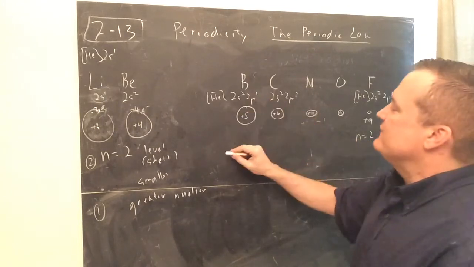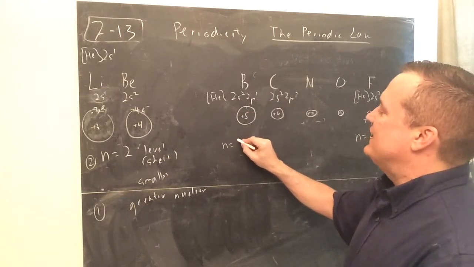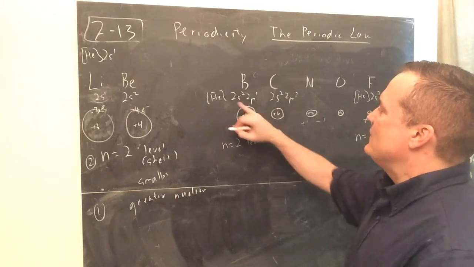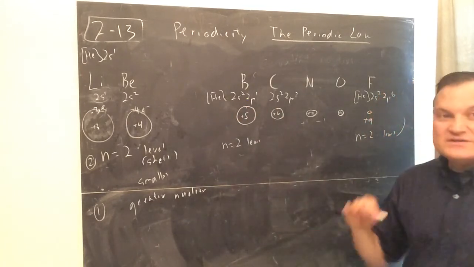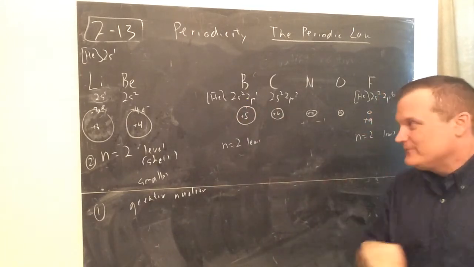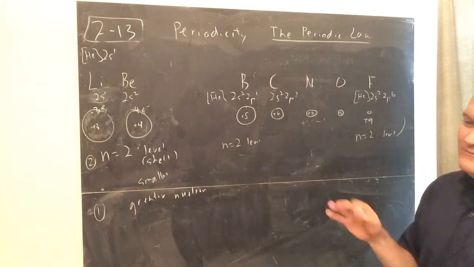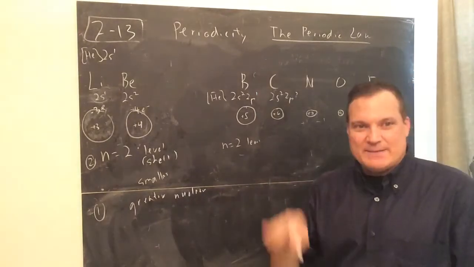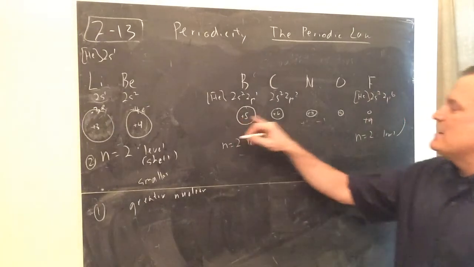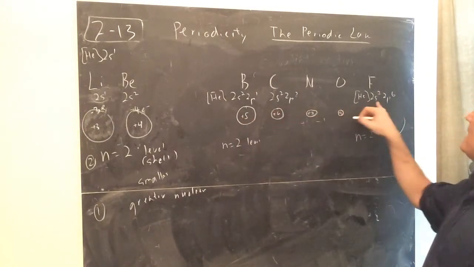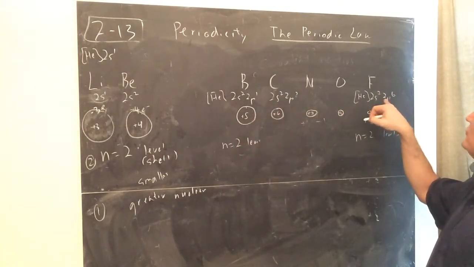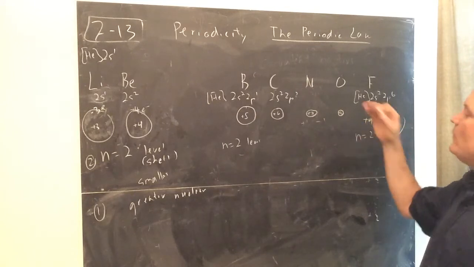For boron, the outer electrons, 2s2, 2p1, are also at the n equals 2 level. Since they're the same level, the greater nuclear charge of fluorine pulls it in.